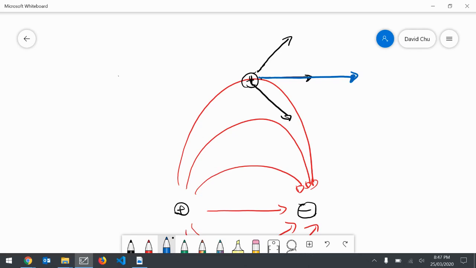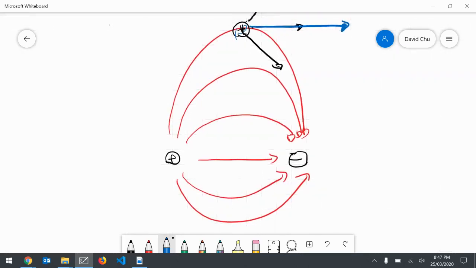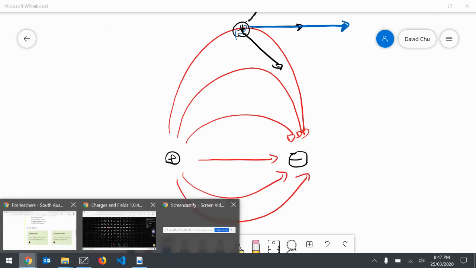Which means for a positive charge, an imaginary charge over here, you're going to experience a force pushing it horizontally to the right. So in effect, the electrical field is a potential to do some work due to charges around them.